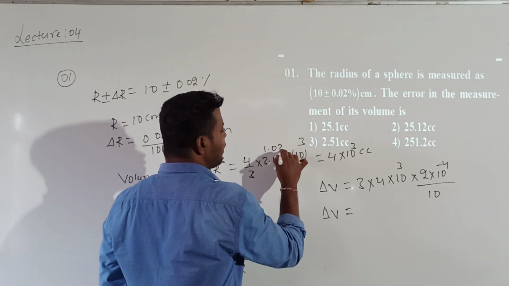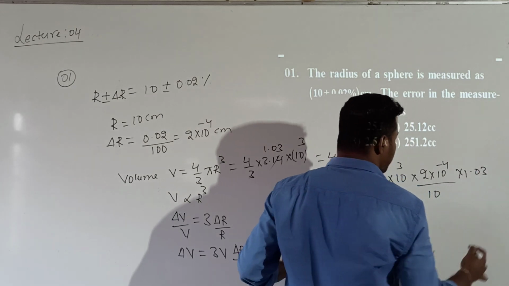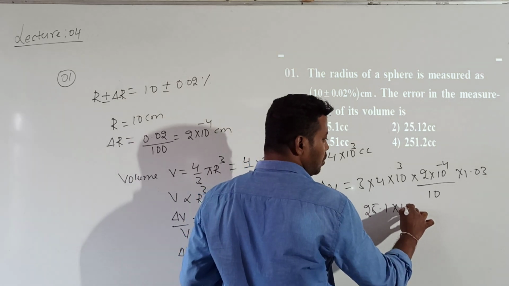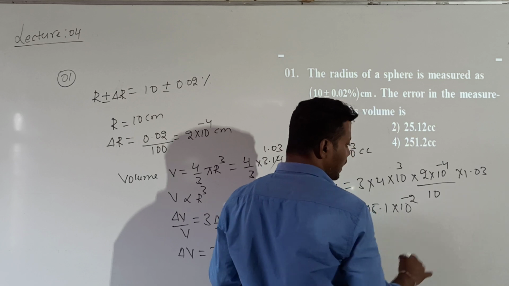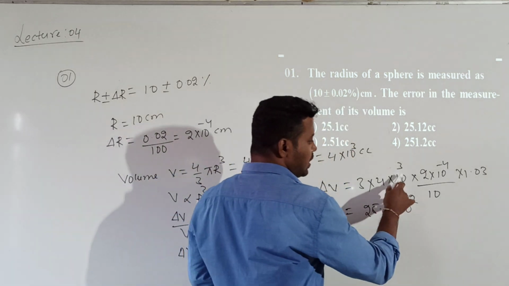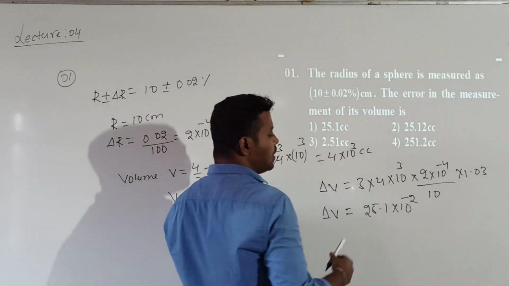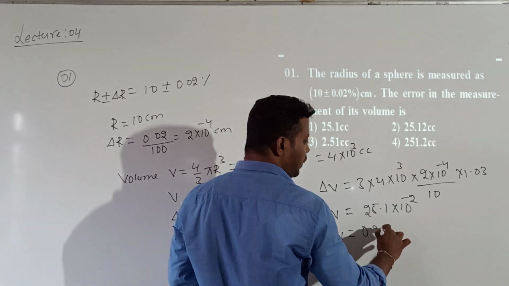So you multiply this, and you will get 25.1 into 10 power minus 2. Correct? 10 power 3, 10 power minus 4, 10 power minus 5 and 10 power plus 2. So the delta V value is 0.25.